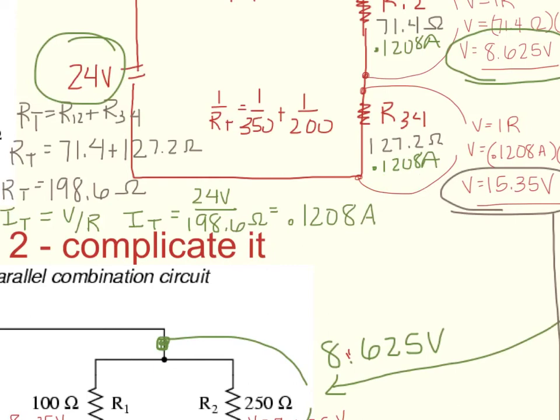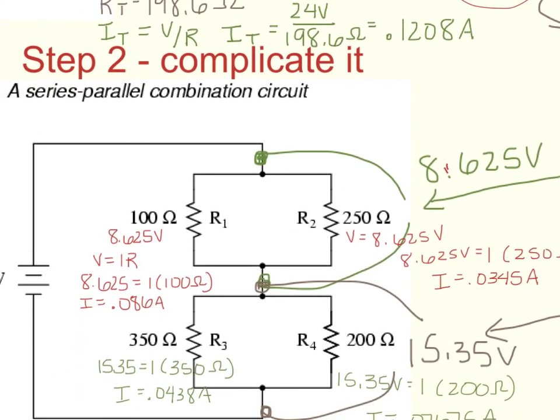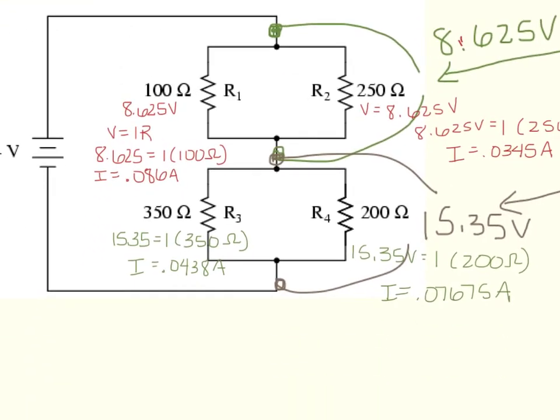So if I move down, if I were to take my 0.086 amps and my 0.0345 amps and added them together, we would end up with 0.120 amps. Additionally, if I were to come back down here and add the 0.04 to a 0.07, we would again be at that spot or very close to the 0.120 amps. These are just ways to double check.